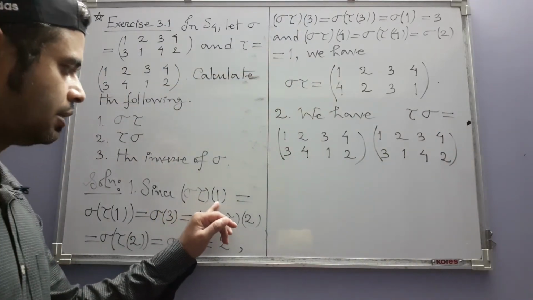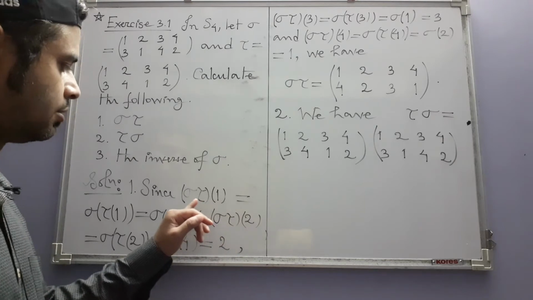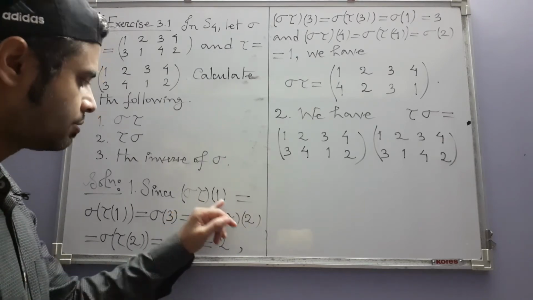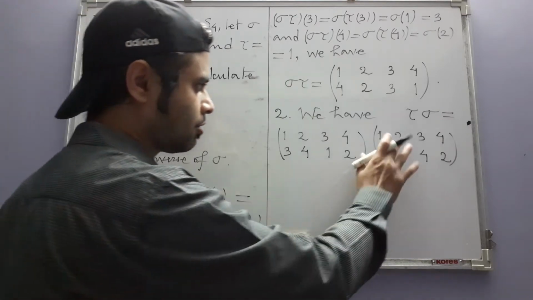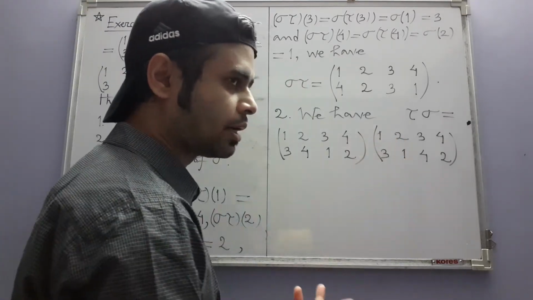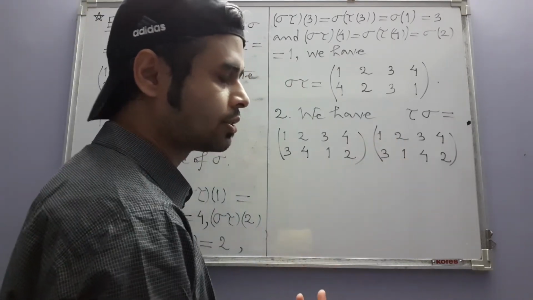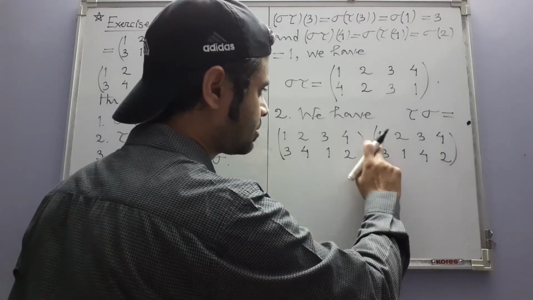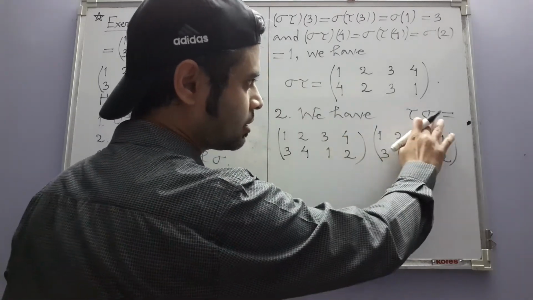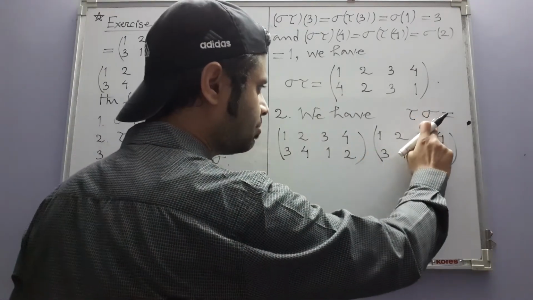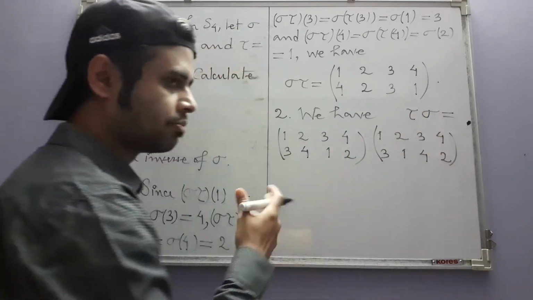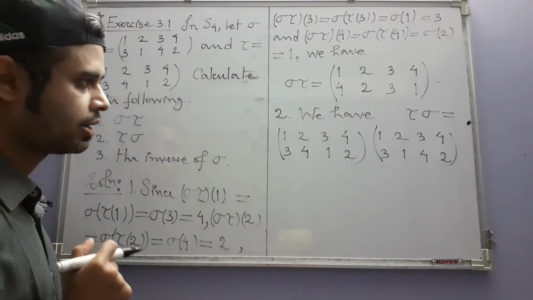Because of the way we are calculating things, we first apply tau and then we apply sigma. So here also we will start our mental calculation like that. This one is tau composition sigma. So first of all we will apply sigma, and then on the resulting thing we will apply tau.